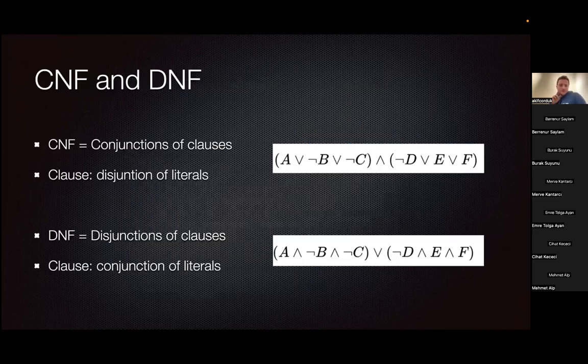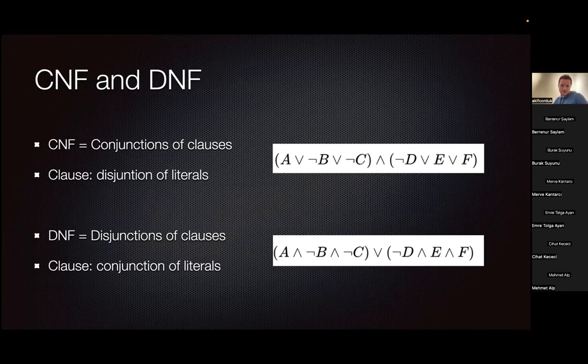CNF and DNF are a convenient way of representing these Boolean equations so that they are consistently represented, and also it's easier to solve them with the solvers. CNF is a conjunctive normal form, so it's a conjunction of clauses, and each clause in a CNF is a disjunction of literals.